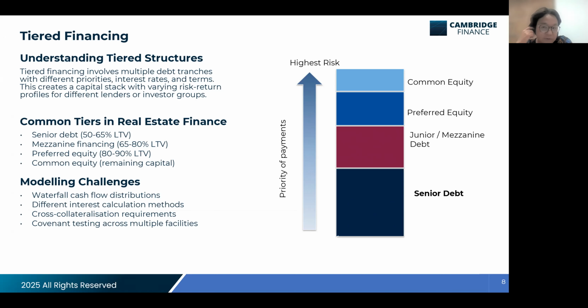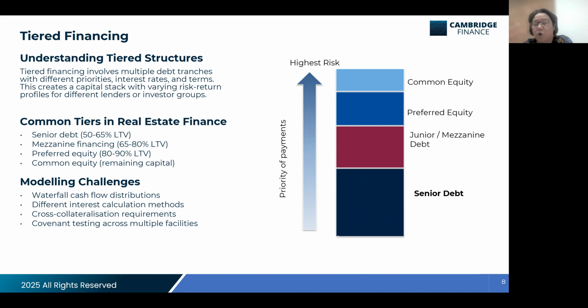You can pay back if you sell it for the same 100, right? But if the values go down, then the senior gets paid first. Whatever is left, you pay the junior, and then you have the preferred equity and the common equity.